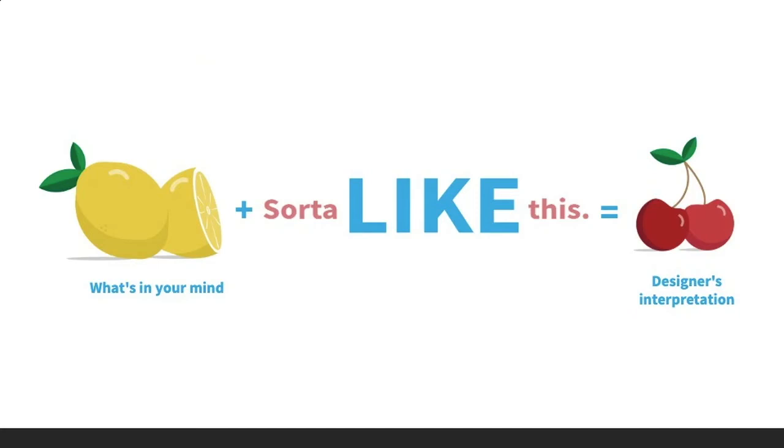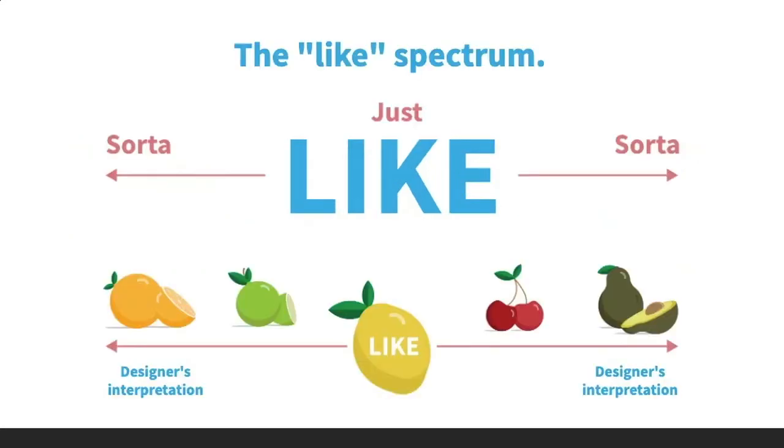But here's what happens. If the designer starts to introduce a little bit of abstraction to the original source of inspiration, well, this can yield a result that might not be acceptable to you, or it might be. What I like to call this, if we don't use this word like correctly, I like to call this the like spectrum. And that's where you're going to find yourself if we don't use this word correctly.